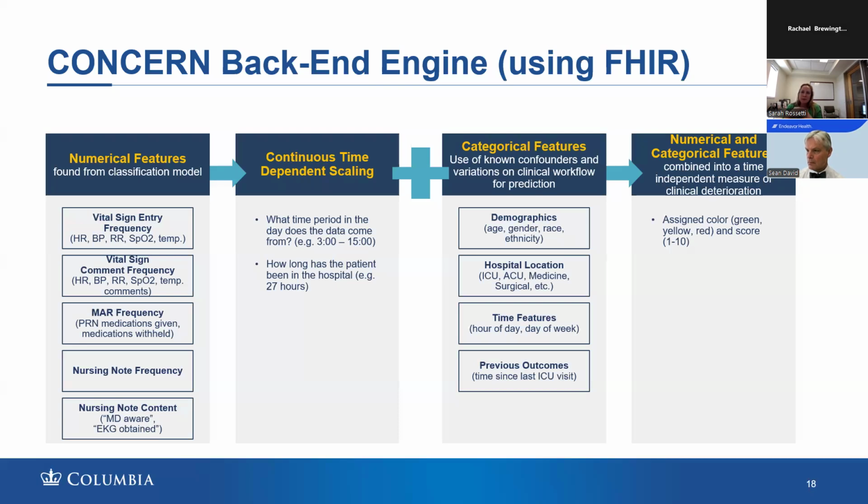I'll point out too around MAR frequency, that's the medication administration record. We found that there are some specific types of medications that have an interesting signal to them. For some PRN medications, these are as needed medications, when the nurse gives those medications, that can be a signal of concern, which you might expect. A basic example would be giving pain medication when the patient's in pain, or Tylenol when they have a fever.